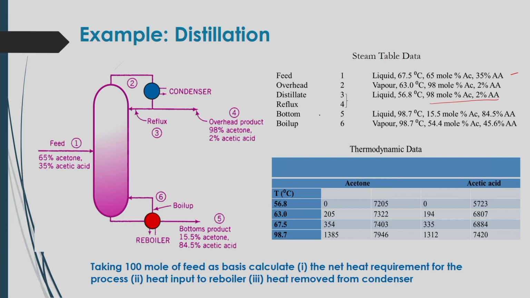Similarly, the overhead product, stream 4, will have the same composition and temperature as what is sent back to the distillation column as reflux.